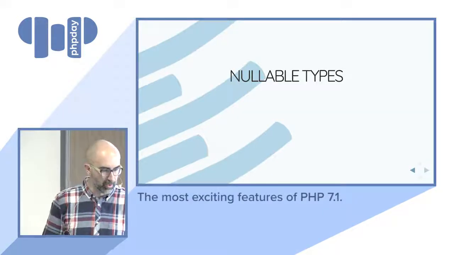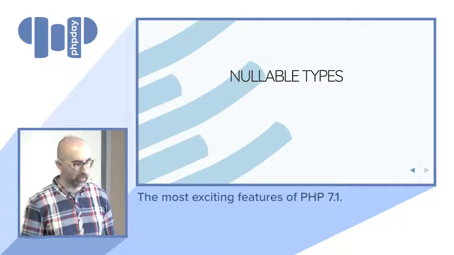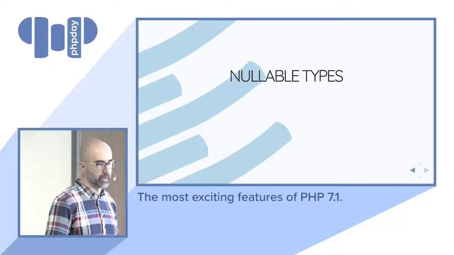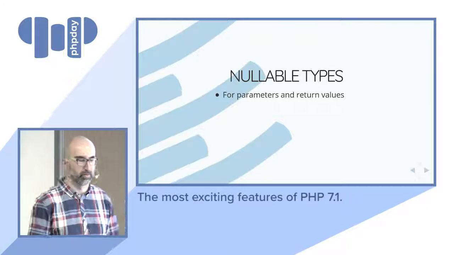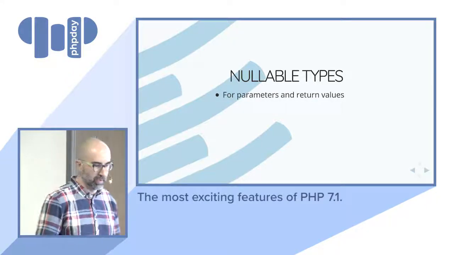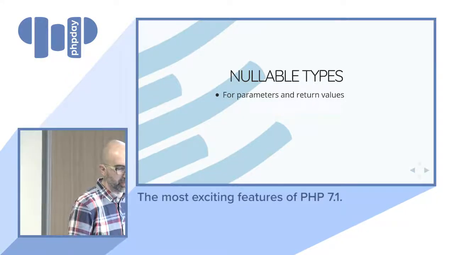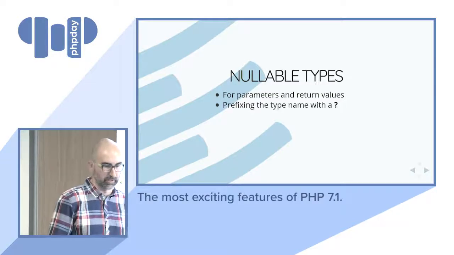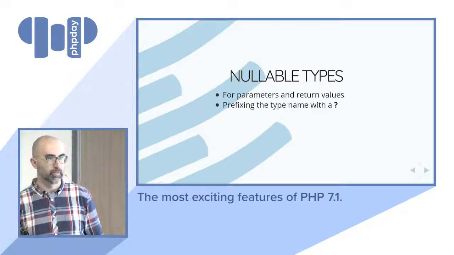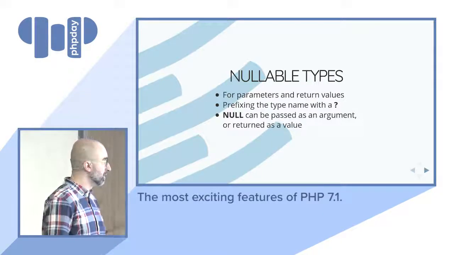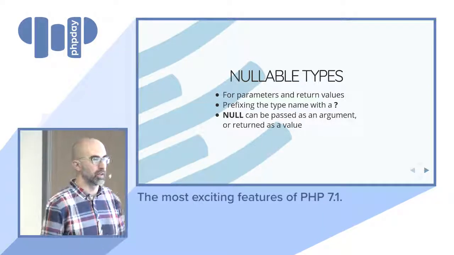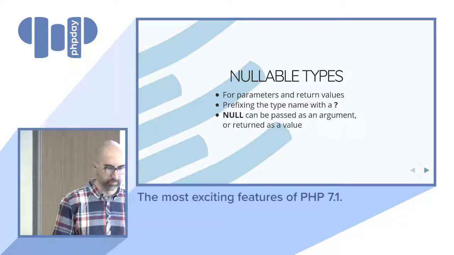The first is nullable types. This is quite interesting. Basically, they added the ability to specify null in parameters and return values. You have to prefix the type name with the question mark, and null can be passed as an argument or as a return value.